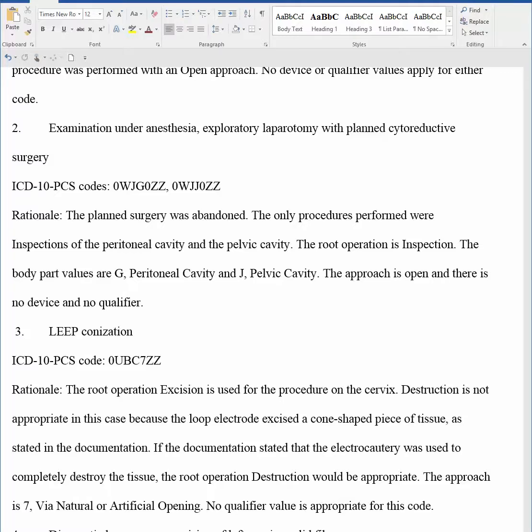She has a large mass in the left upper quadrant, multiple nodules of tumor in the subcutaneous tissue of the mid portion of the abdomen. The exam was consistent with having recurrent widespread ovarian cancer. The old scar was excised and the abdomen was entered through a midline vertical incision. So they made an incision.